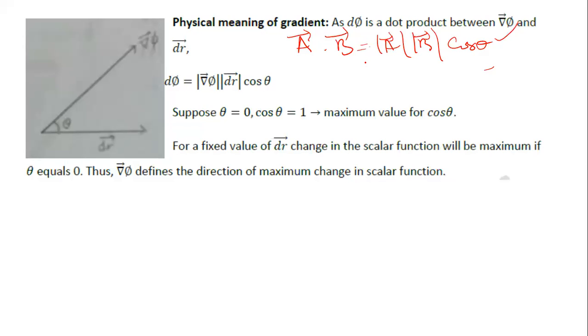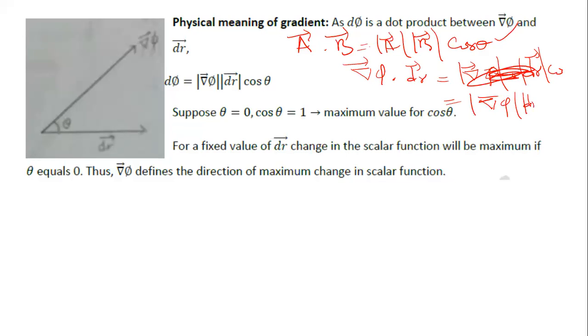Similar to that, if you take grad phi dot dr vector, the dot product is magnitude of grad phi, magnitude of dr vector, cos theta.